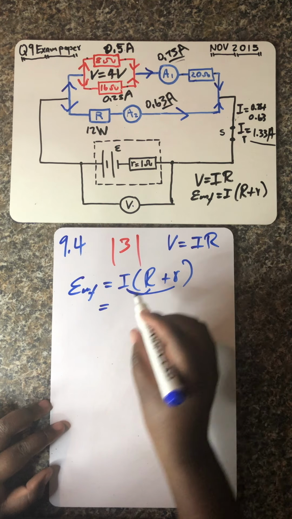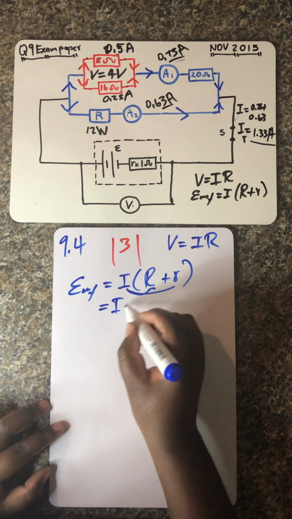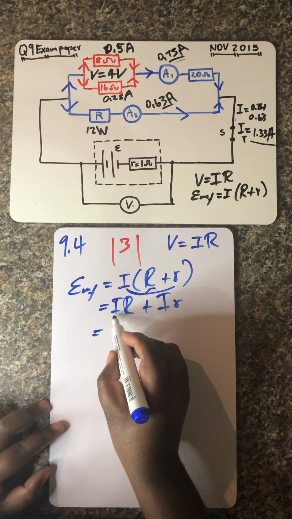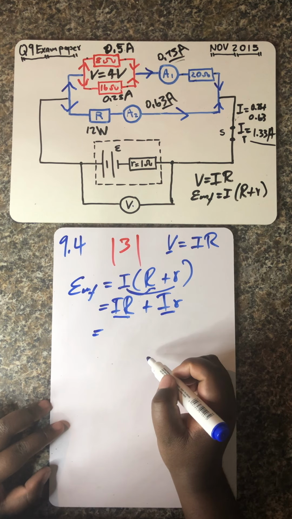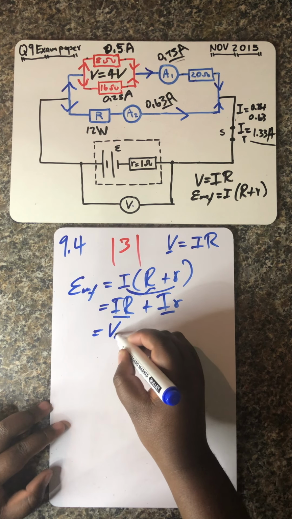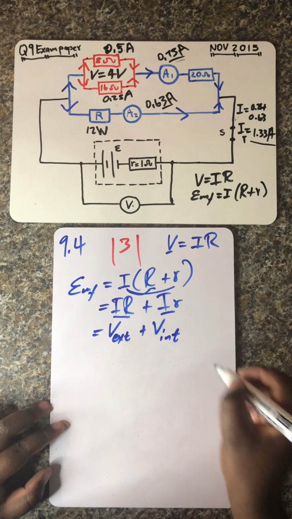So that means this is I multiplied by the capital R, let me just write it down, plus I small r. So this is the external V and this is the internal V. Okay, so guys, this is V external plus V internal.